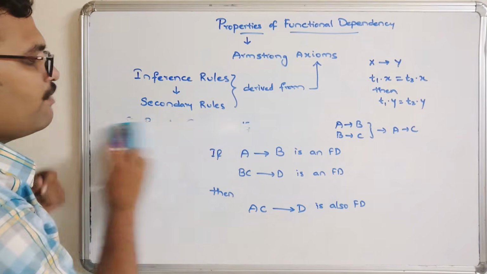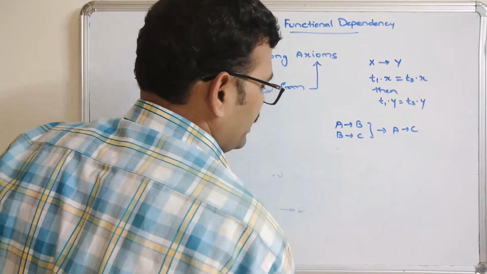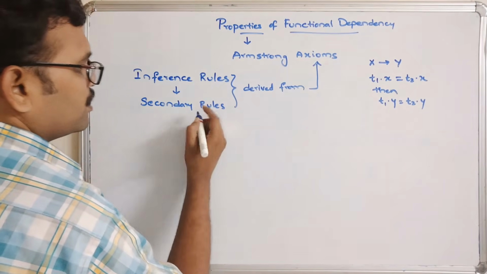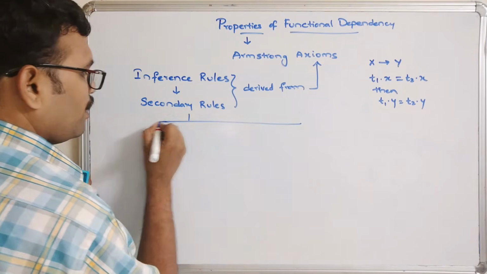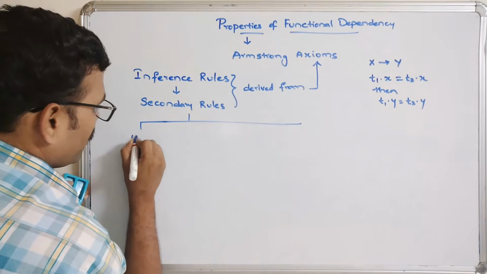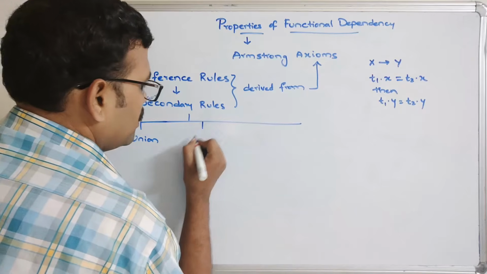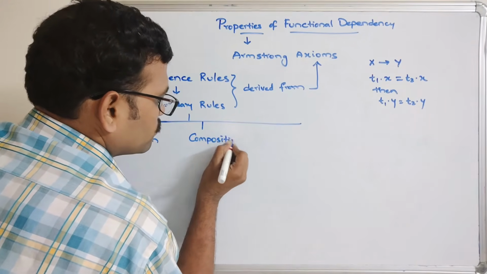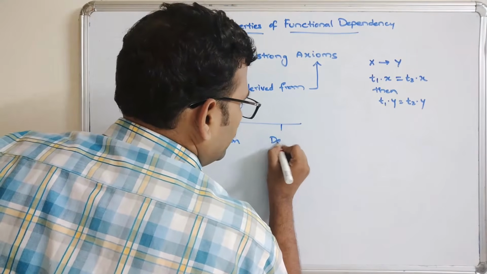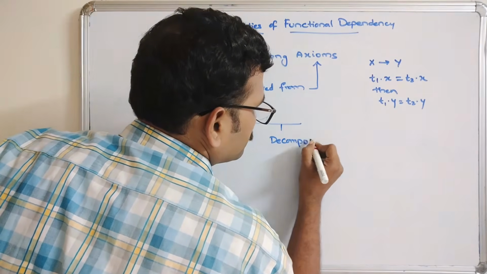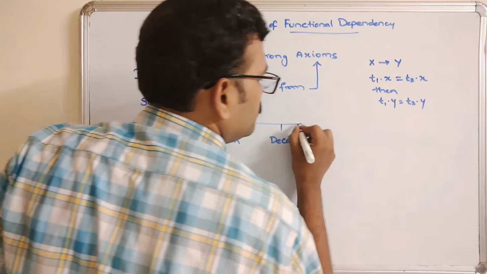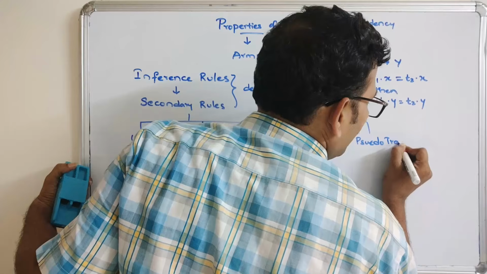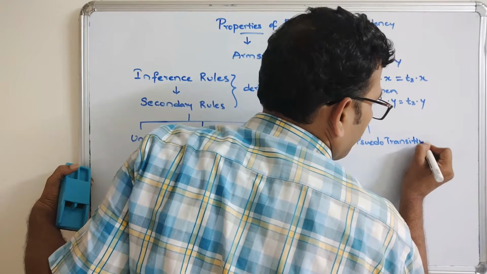So there are 4 rules called inference rules, or secondary rules: union, composition, decomposition, and pseudo-transitivity.